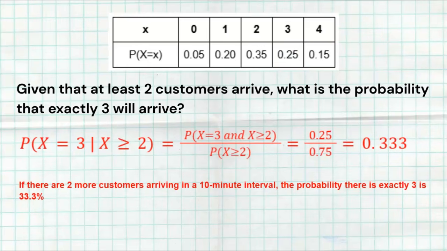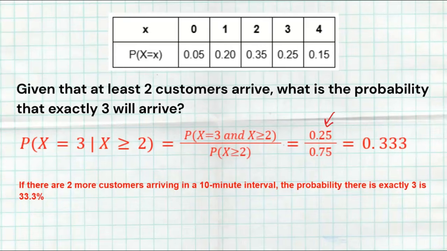So here is my work for that. In the numerator of the conditional formula is both equal to 3 and greater than or equal to 2. Well, the only outcome that is both equal to 3 and greater than or equal to 2 is 3. It's the only outcome that meets both of those things. It obviously is 3, 3 is 3, and 3 is also greater than or equal to 2. So my numerator is going to be 0.25.